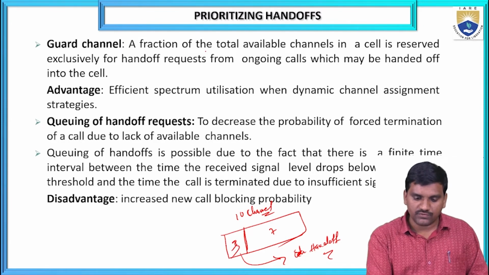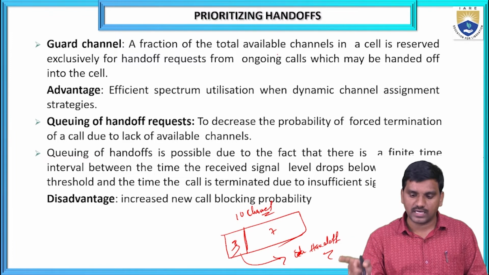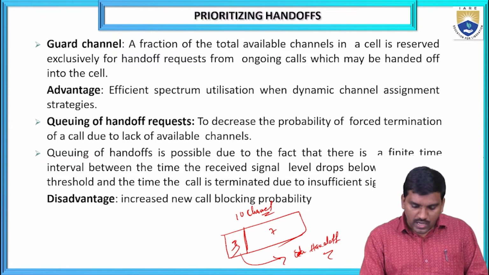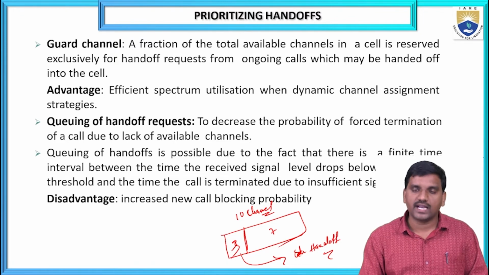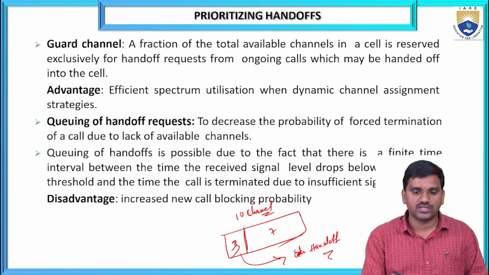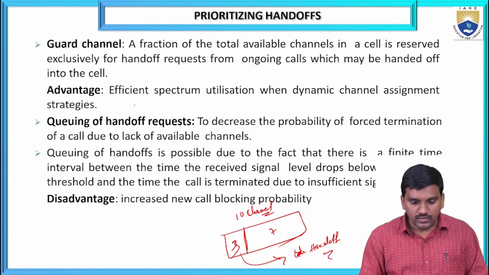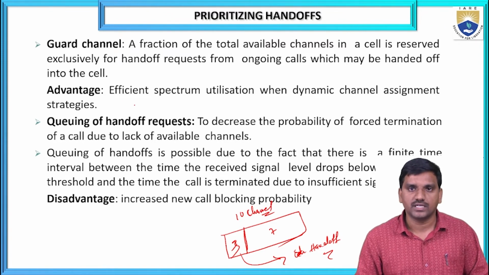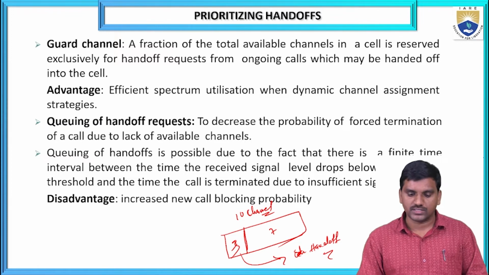So a fraction of the total available channels in a cell is reserved exclusively for handoff. Out of 10, 3 are exclusively for handoff requests from ongoing calls. Now, the advantage of the guard channel is efficient spectrum utilization with dynamic channel assignment strategies.